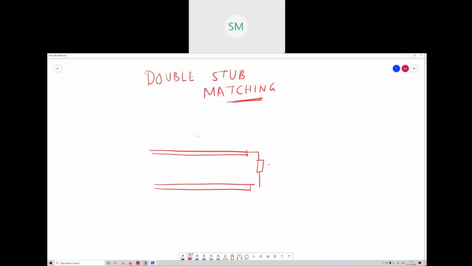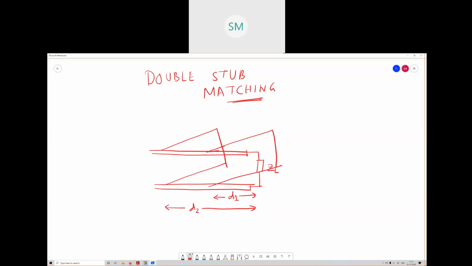And the difference is that, of course, we have two stubs. The difference is that this position is fixed. This position is the position of the stubs where we are putting the stubs, they are fixed. We cannot change them.